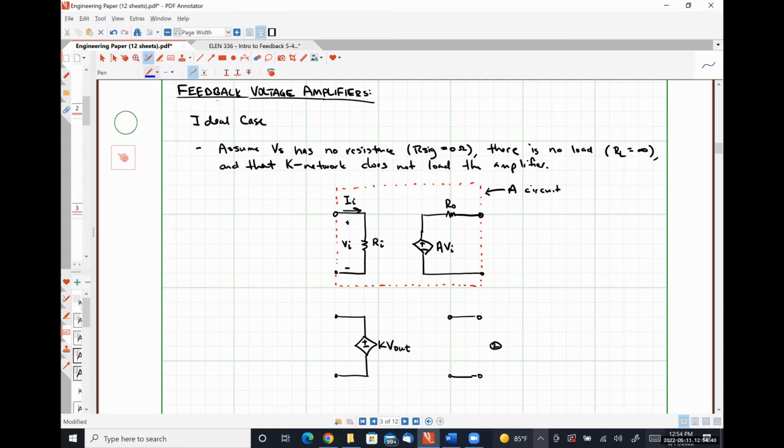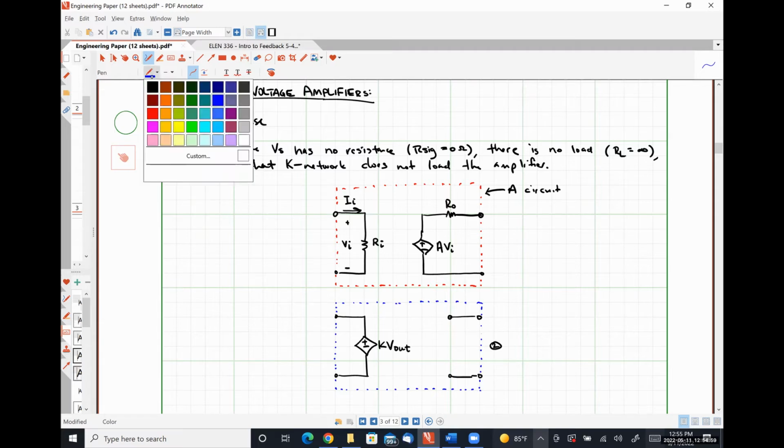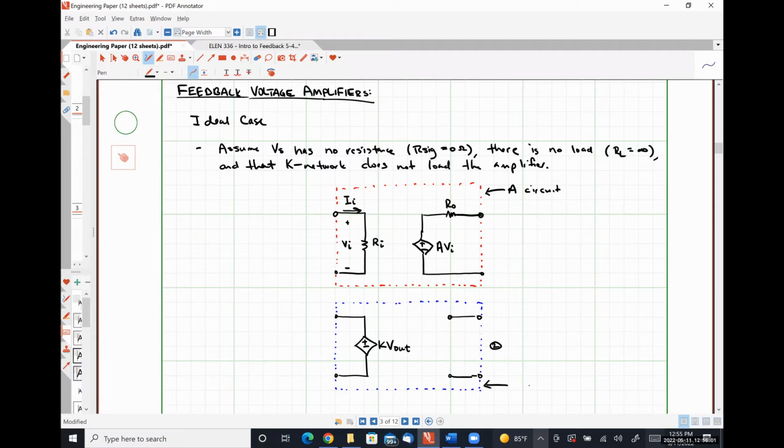And I'm going to put a box around this in blue. And so this is my K circuit representation.